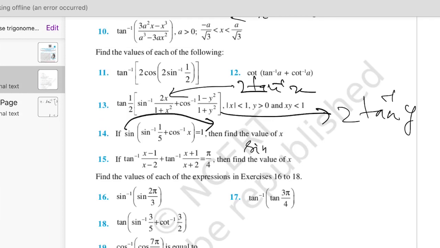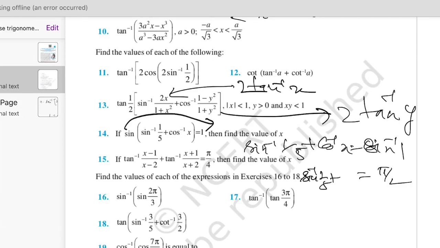will get sin inverse 1 by 5 plus cos inverse x is equal to sin inverse 1, and sin inverse 1 is pi by 2. So on the left hand side we'll have sine inverse 1 by 5 plus cos inverse x is equal to pi by 2. This also looks like a formula.